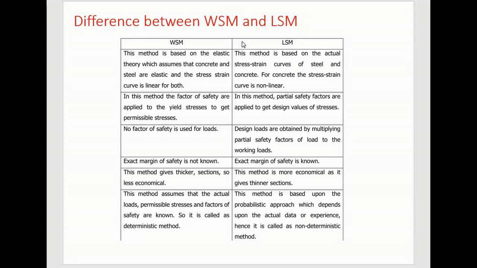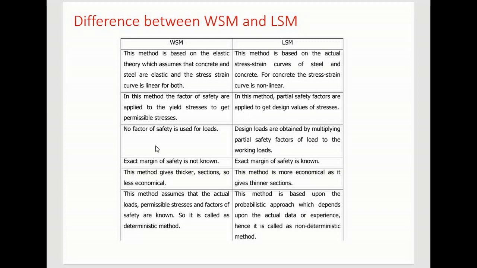But in limit state, the stress strain curve is non-linear. In the working stress method, the factor of safety is applied to the yield stress to get the permissible stresses. But in the limit state method, partial safety factors are applied to get design values of the stresses.